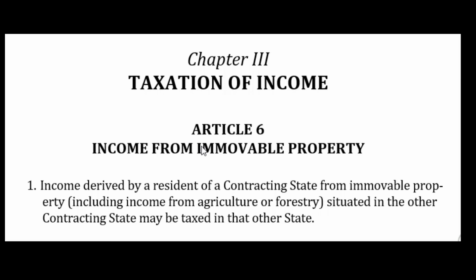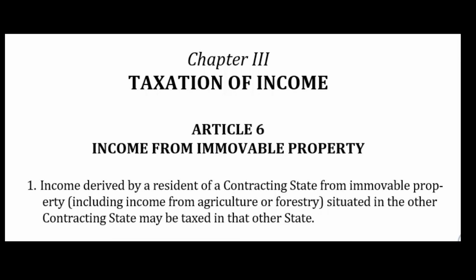So in Norway, other contracting state is thus Norway. Can be taxed in that other state. So can be taxed in Norway. So simple, plain answer to our question here was 6.1. Norway can levy a tax.